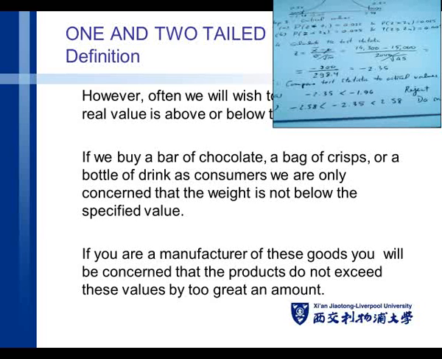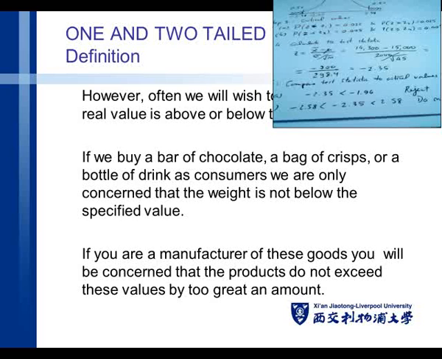If it is more, no problem. If you buy a 1 liter bottle, but they give you 1.5 liters, that's not a problem. For the producer, it's exactly the opposite. They want to make sure they're not spending too much in production, so they're not putting into the bottles more than 1 liter of water.